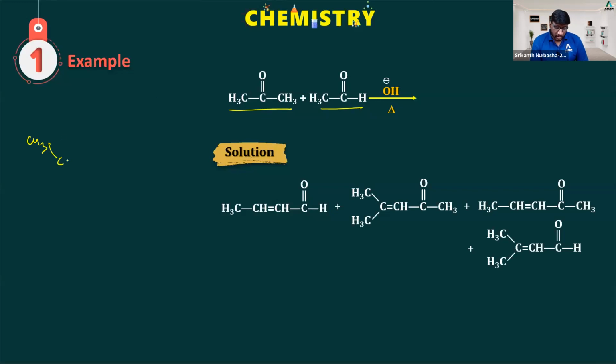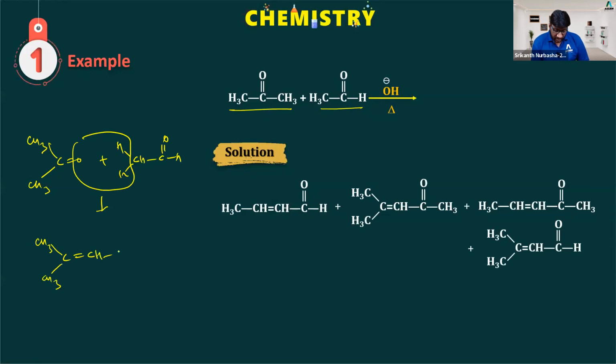Let us look at the crossed aldol: CH3 C=O CH3 plus CH3 C=O H. Whenever this oxygen and two hydrogens are lost, you get CH3 C(CH3)=CH C=O H. This is one of the products, which is a crossed aldol.